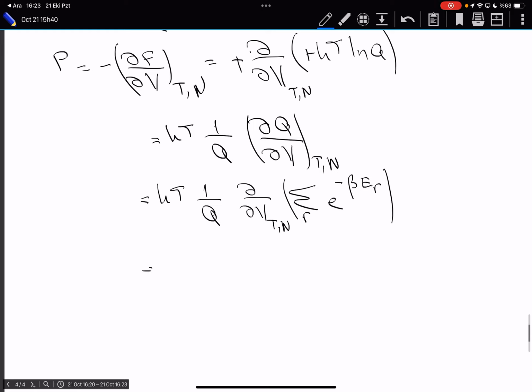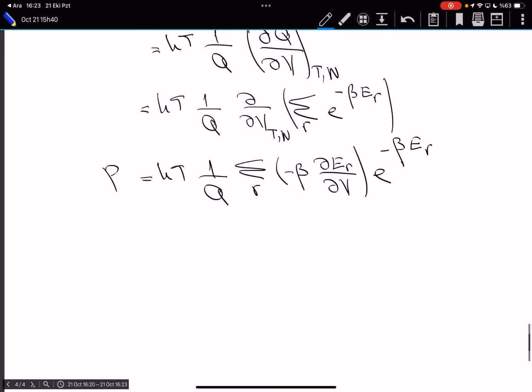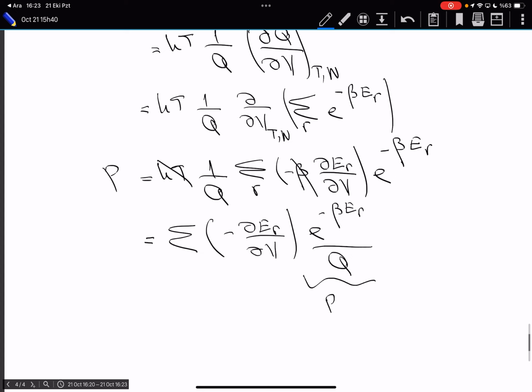So this is equal to kT, 1 over Q, sum over r, minus beta, derivative of E of r with respect to volume, e to the power minus beta E of r. Well, beta is 1 over kT, so this cancels this one. So this is nothing but minus dE of r by dV, e to the power minus beta E of r divided by Q, but this is nothing but the probability.